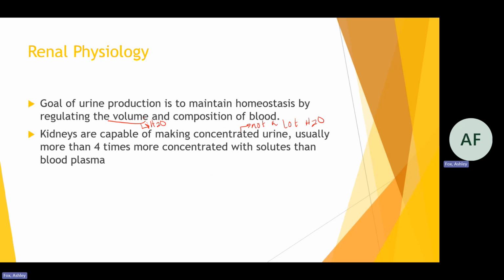If you're dehydrated or haven't drunk a lot of water, then we're going to want to make more concentrated urine because we don't want to urinate water that we need inside our body. The opposite is true if we've been drinking a lot of water, then we can get rid of some, so you're going to have less concentrated urine. It all depends on what's happening inside and what we need to maintain that stable internal environment, which is homeostasis.